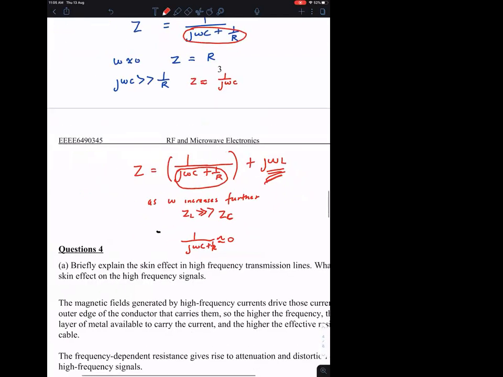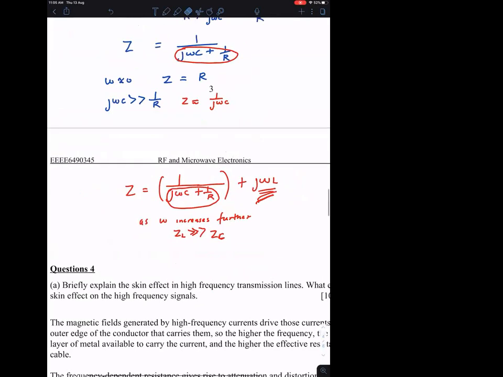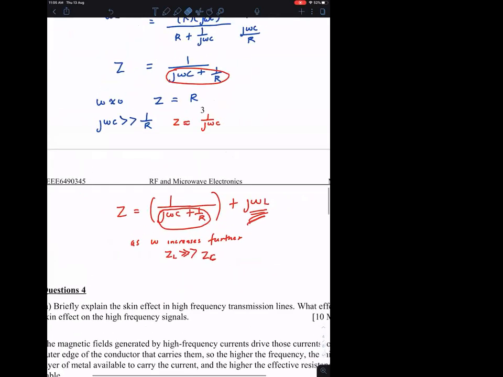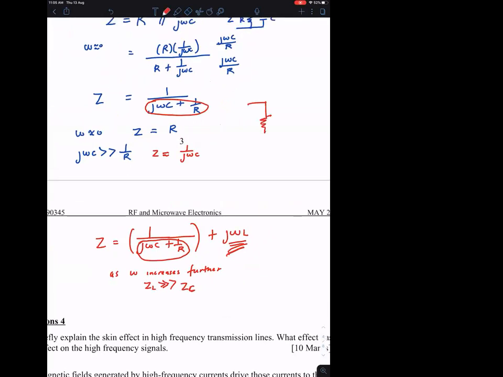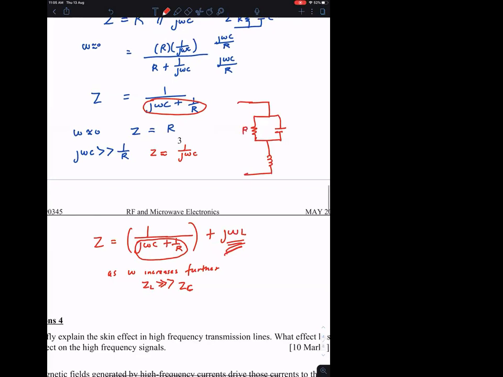So the second diagram for this is a resistor in parallel with the capacitor, and then in series with the inductor. This is the impedance looking inside here.